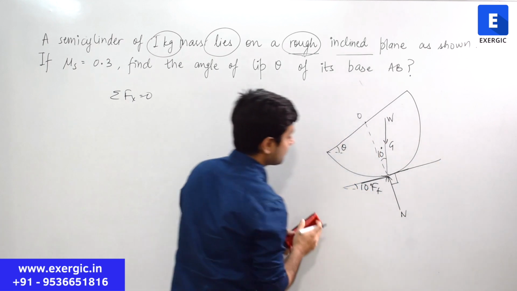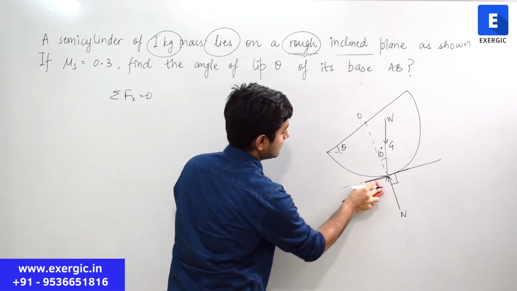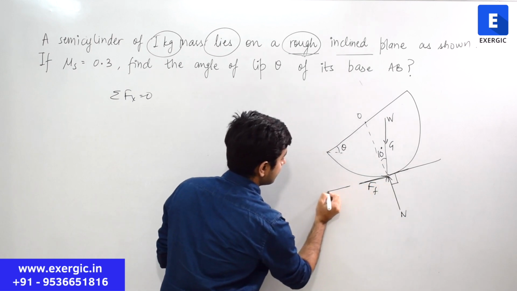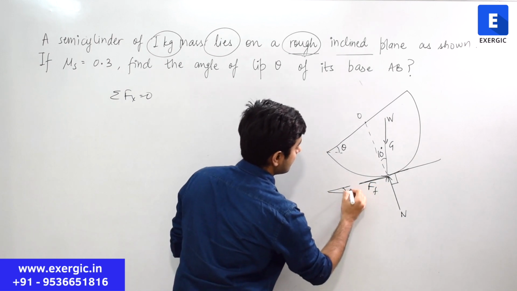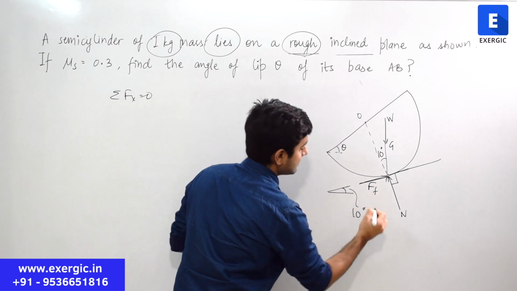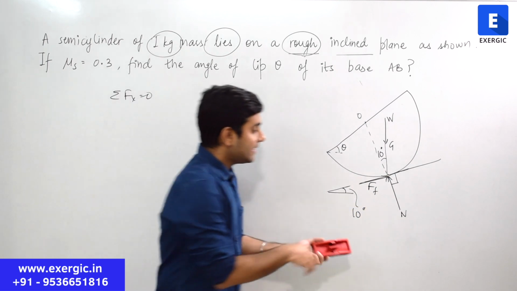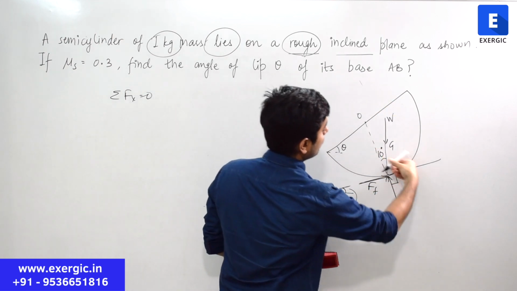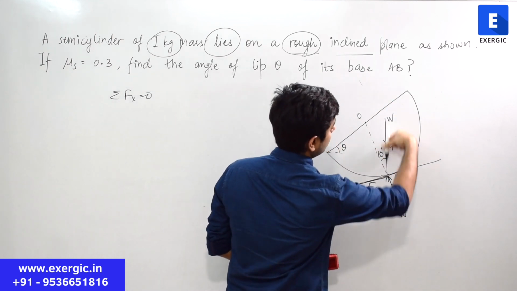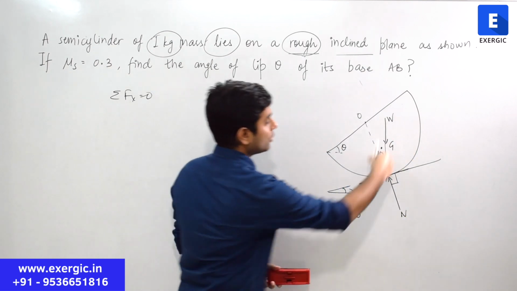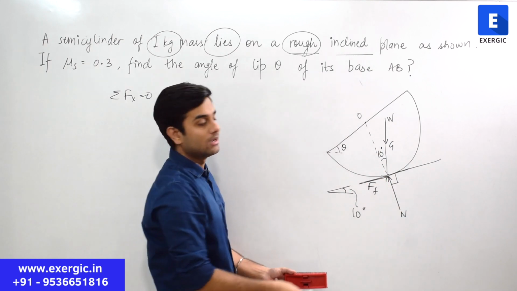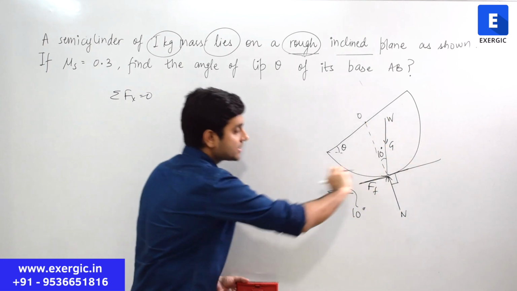This is 10 degrees. Right? So F is acting up the inclined plane. W is having one component down the inclined plane. W is acting like this. So W will be having one component like this, opposing the normal reaction, other component like this, opposing the friction.